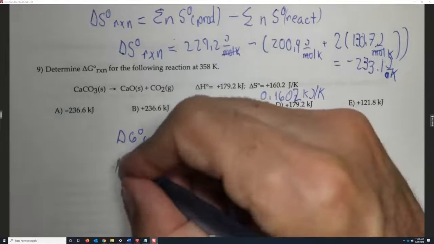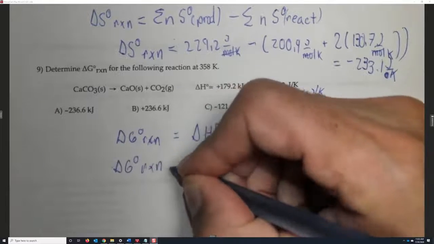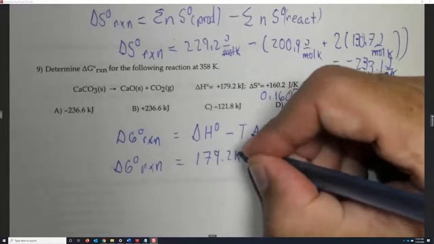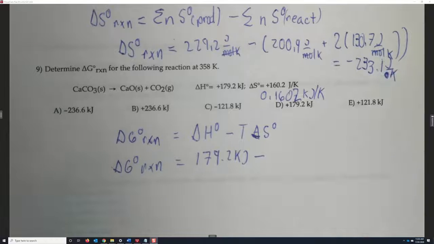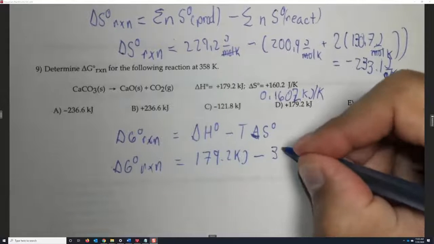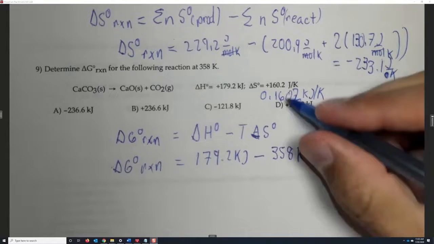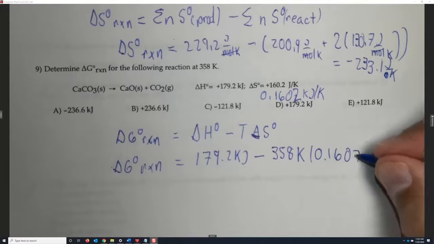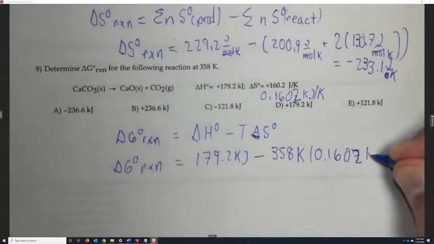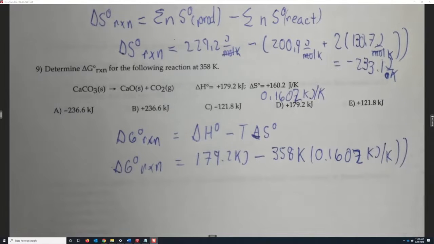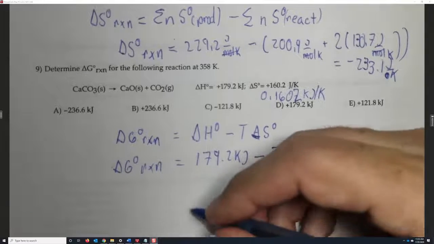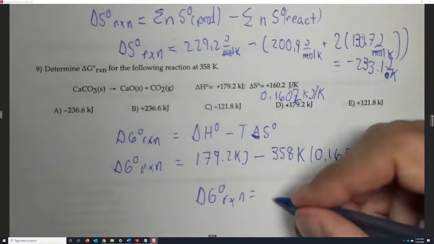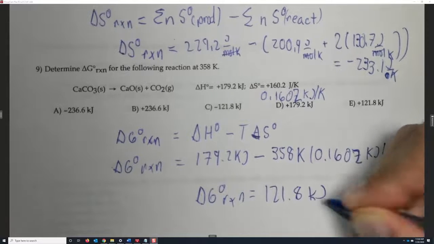Now we can plug in. Delta G of this reaction is equal to delta H, 179.2 kilojoules, minus T, which is given, 358 K, times delta S, which is 0.1602 kilojoules per K. And when we do that, we find that the delta G of this reaction is equal to 121.8 kilojoules.